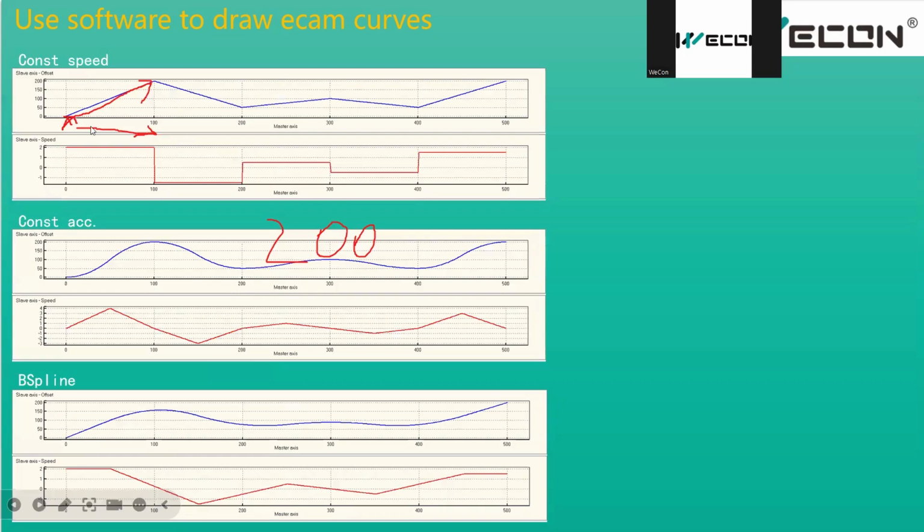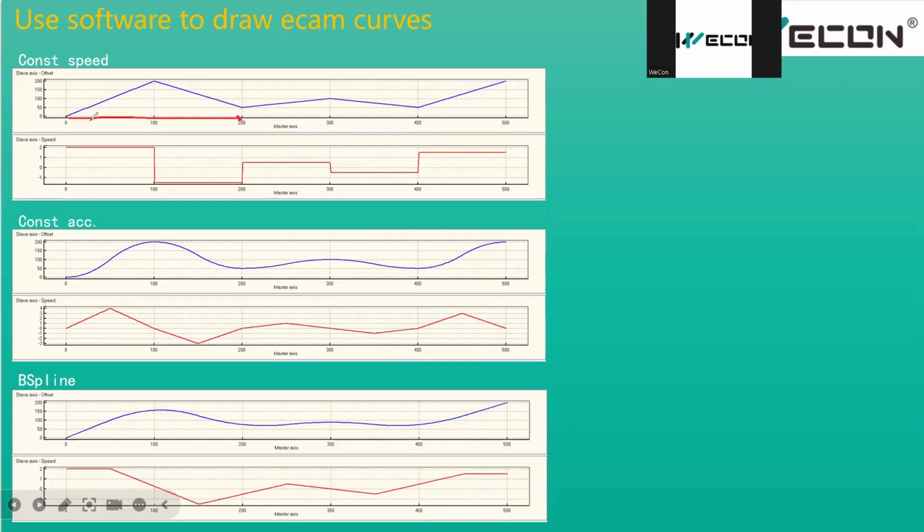It will happen like this. With the master running from 0 to 200, the slave will keep its position at 0, not move.